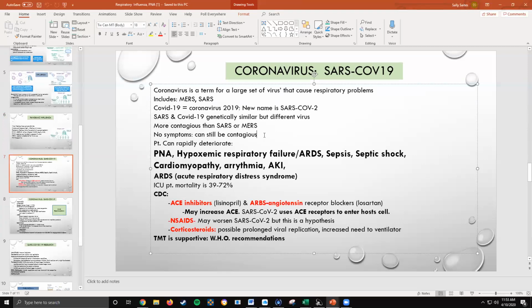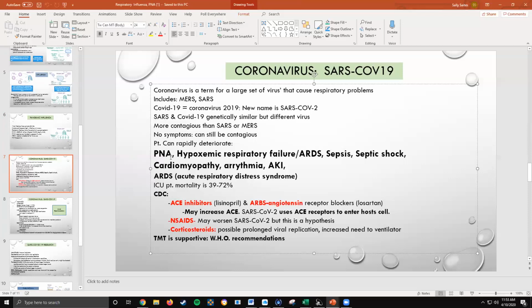Even with no symptoms, just like the regular flu, you can still be contagious. And patients that do get exacerbated side effects from any type of flu, including this one, can deteriorate very rapidly. So some of the problems that we deal with, because really we're just dealing with symptom management. So one of the issues is they get pneumonia. So when that virus spreads, remember it spreads from one alveoli to the other if there's no stopping of the spread.